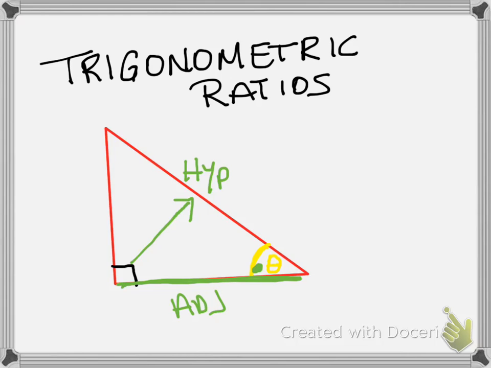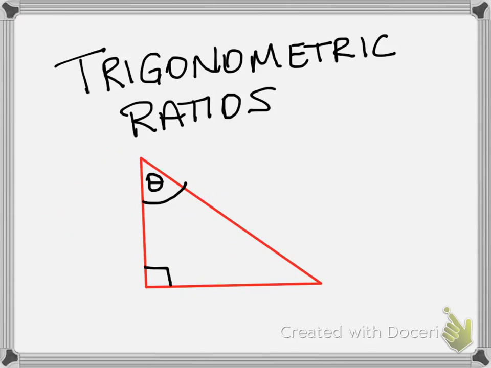Now we also have the side that is directly opposite that angle. That is our opposite side. And this will all make more sense as soon as we start seeing some examples, but we have to know how to identify our opposite, our adjacent, and our hypotenuse side lengths in these trigonometric ratios.